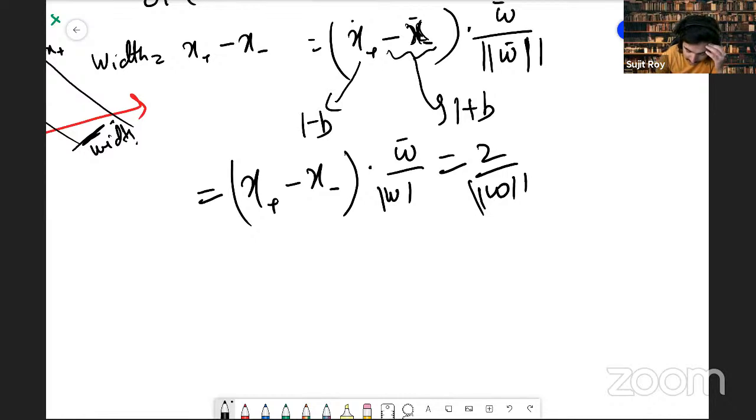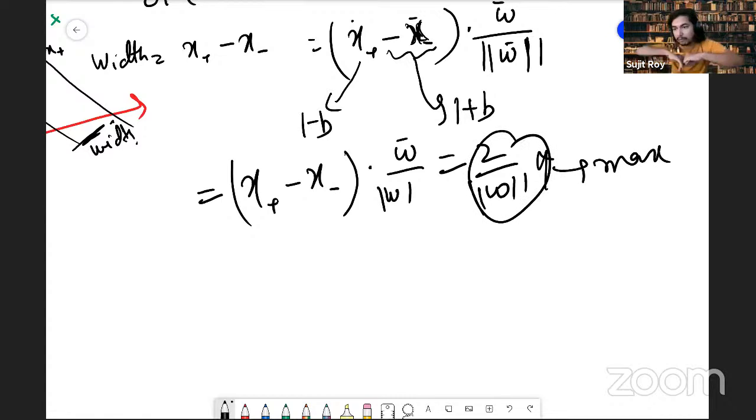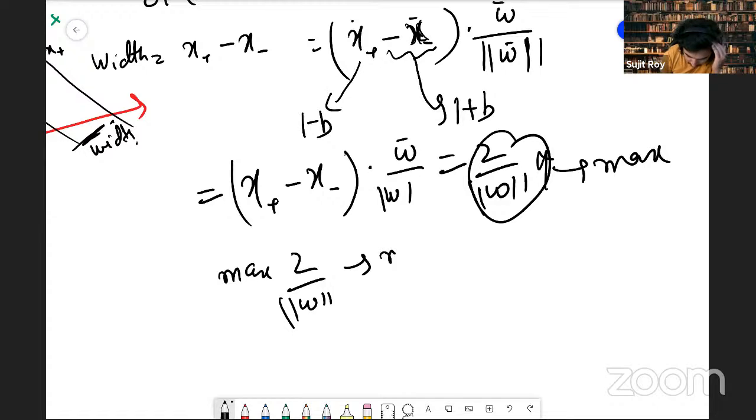Now our objective is to maximize this term, right? Because we are trying to increase the width, we are trying to maximize 2 by the magnitude of w. So we can also write it as maximizing 1 by w.